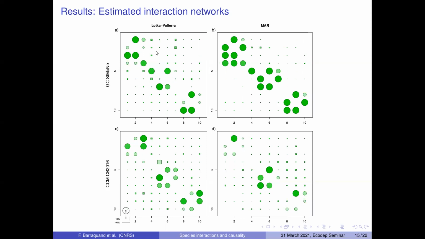Now, if I compare to the lasso estimates of interaction, you can see here that there are a few more false positives, probably because in that case, the Lotka-Volterra model that we simulate isn't exactly the model that we fit, and the lasso-based approach is a little more sensitive to that.